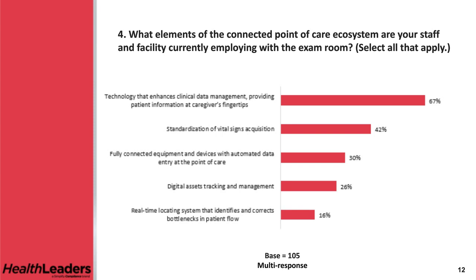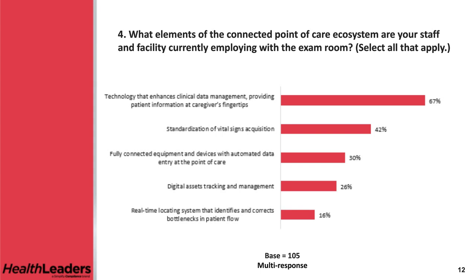One of the things that stands out for me on this slide is the last row, and that's real-time locating system that identifies and corrects bottlenecks in patient flow at 16%. I would have thought that might have been higher. Maybe that's more of a developing technology. I don't have a feel for that, but interestingly, I looked at for-profit versus nonprofit respondents on that one item.